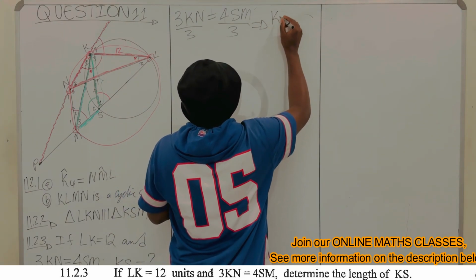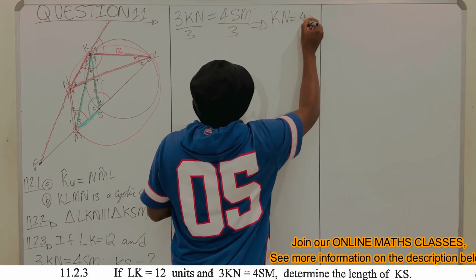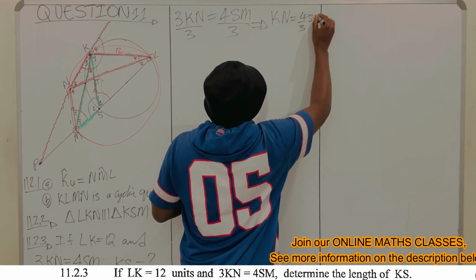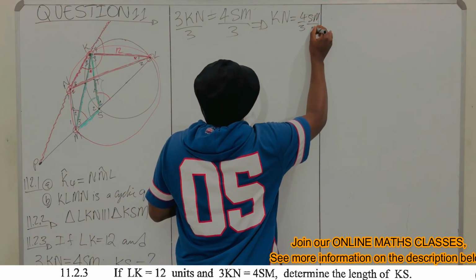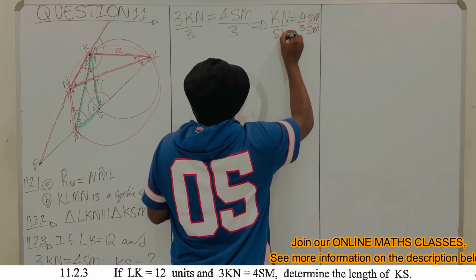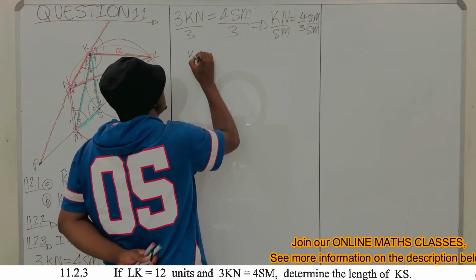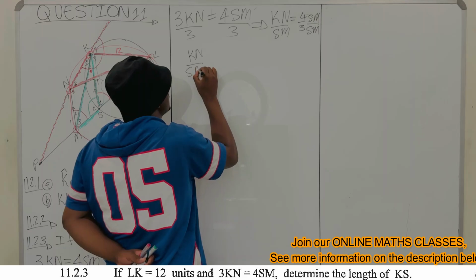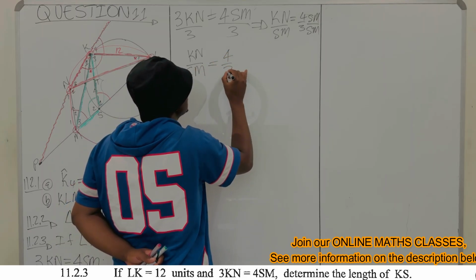What we're going to be left with is KN is equal to 4 over 3 SM. So let's divide by SM this side and SM this side. You're left with KN over SM is equal to 4 over 3.